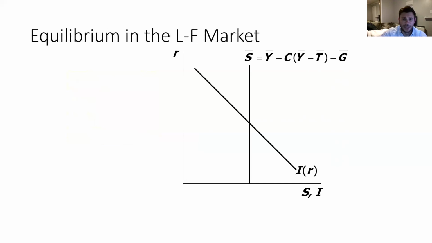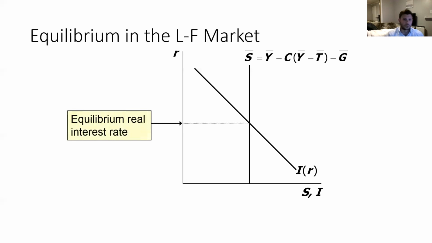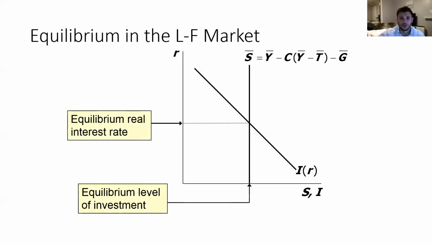We know our demand for the loans is captured by the investment component of gross domestic product. And now we can think about the process by which supply and demand in the goods market, or equivalently supply and demand in the loanable funds market, are putting pressure on the price in this model, which is the interest rate, towards some equilibrium value, which also simultaneously determines the equilibrium quantity of savings and investment.